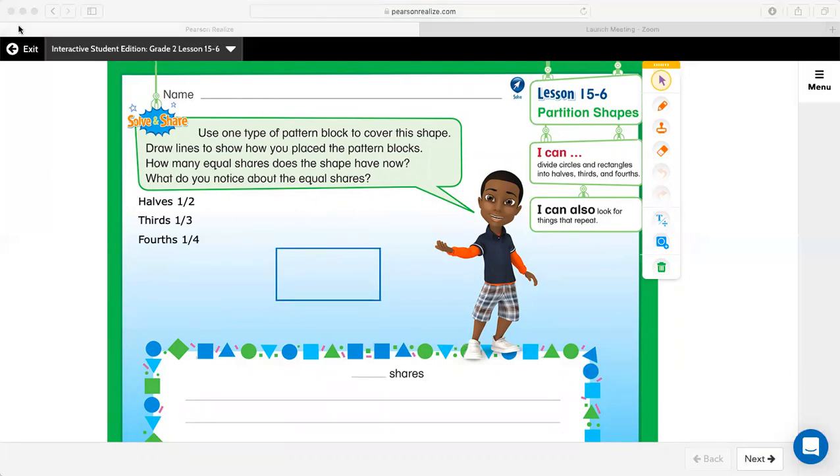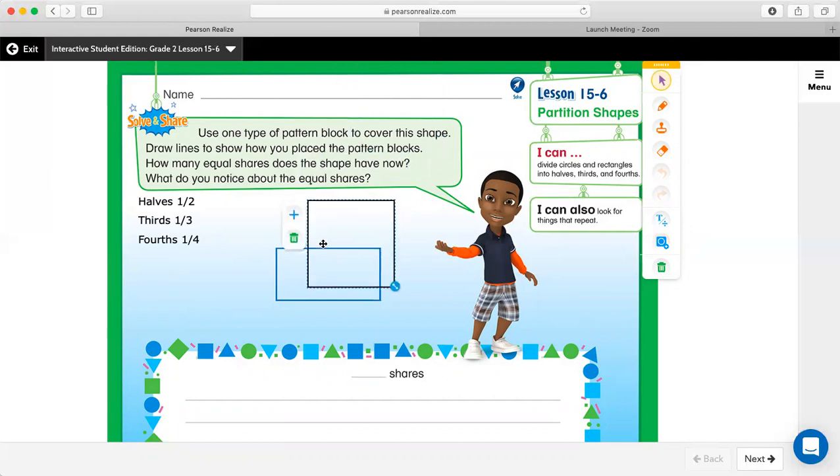Now, I am going to use squares here to divide this. Okay, so if we look here, I have basically divided this in half.